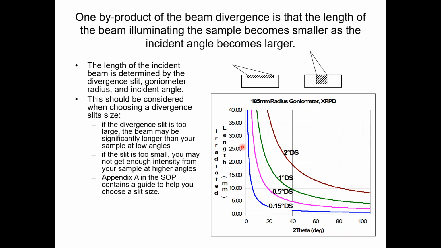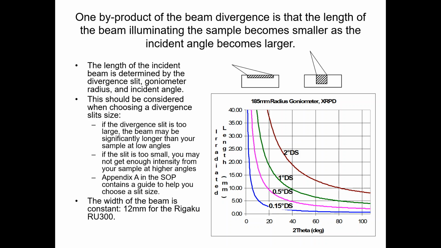Appendix A and the SOPs contain a guide to help you choose a slit size. You can see a manual. You always have a manual with your diffractometer, and it guides you through the SOPs, about what kind of slit you can use to get the best results for your sample.